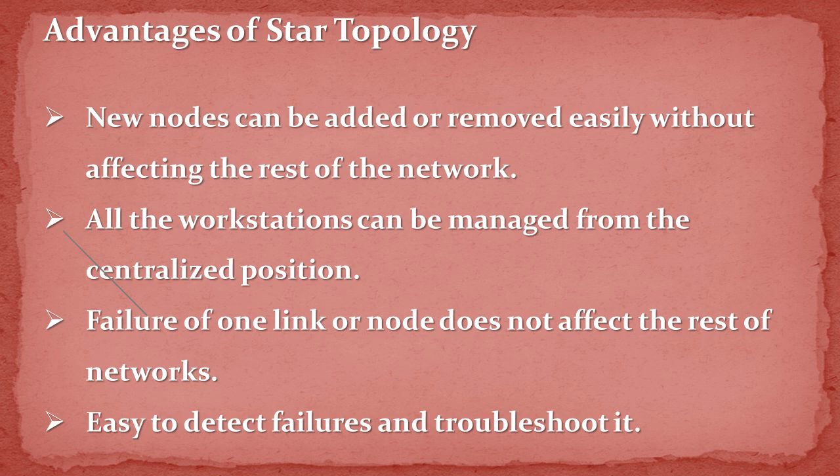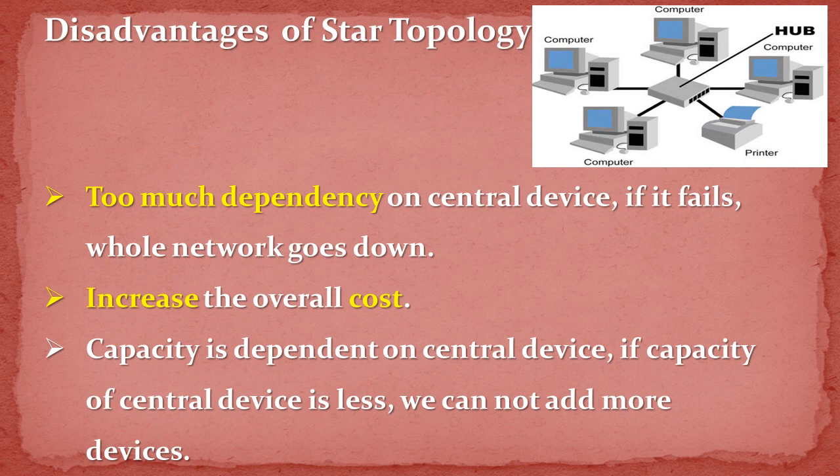What about disadvantages? It has some. Too much dependency on the central device. It means the hub is the central device, and if it fails, the whole network goes down. It also increases the overall cost.